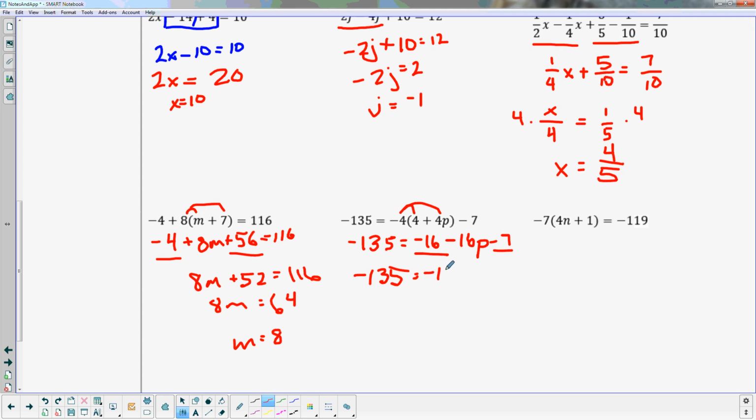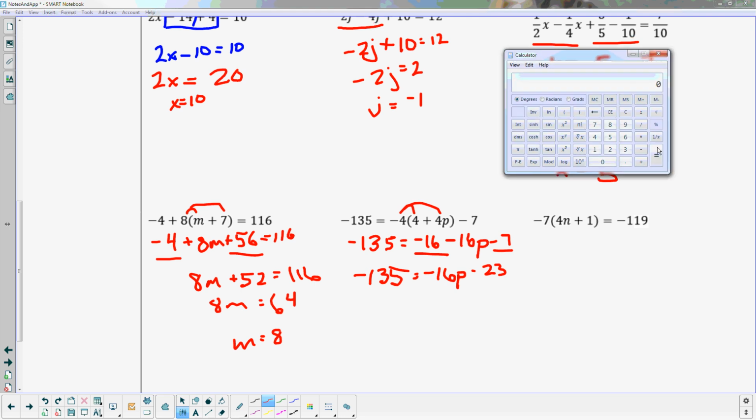Let's go negative 16p minus 23. Notice some people will get confused because in solving you usually do the opposite of whatever it says. In this case, I'm working on the same side, so I just combine those, I add those. Negative 16 plus negative 7 is negative 23.